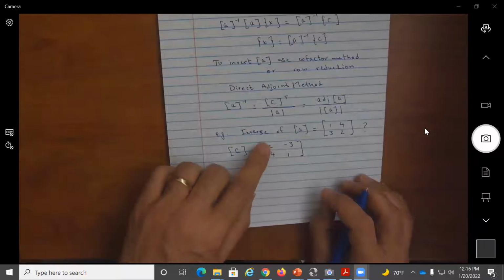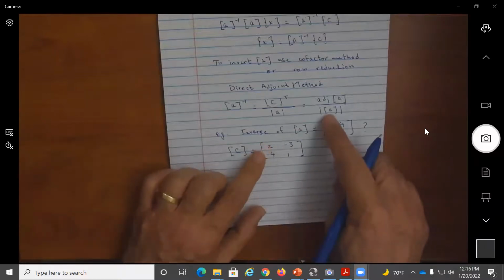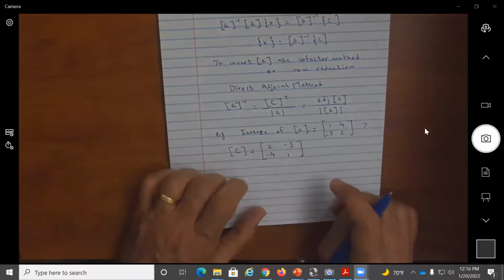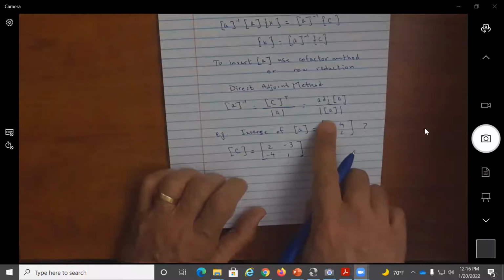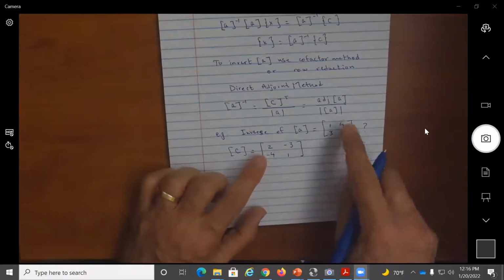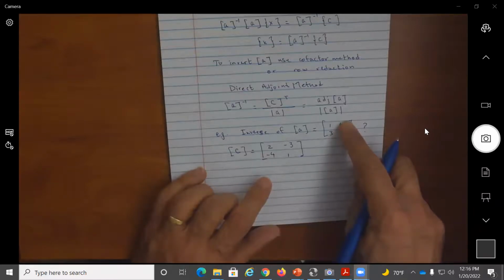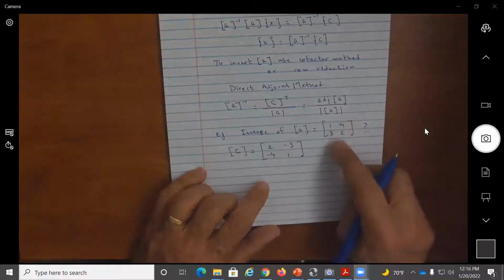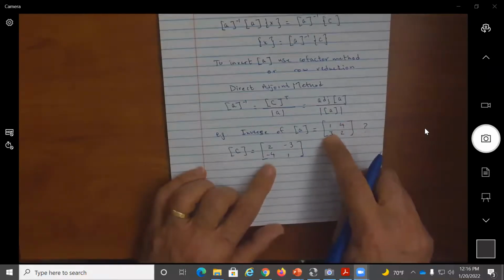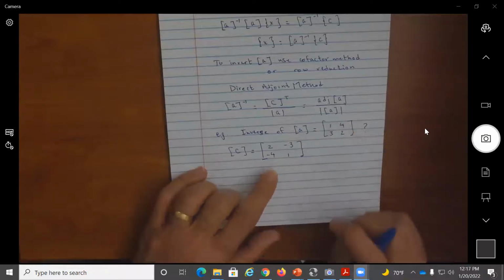It's the determinant corresponding to each element. So for 1, I get a 2. Here, I have a 3, but it's multiplied by minus 1 raised to the power 2 plus 1. Here, I have the 4, again times minus 1 raised to the power 3. So I got a minus 4, and so on.